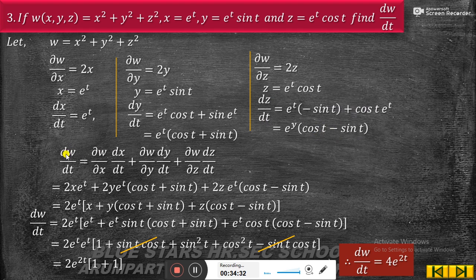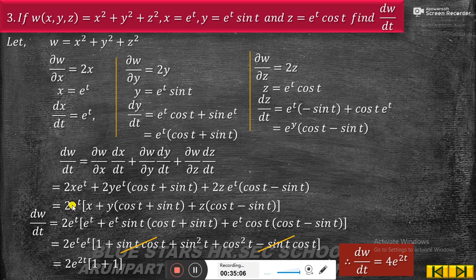Now dw/dt equals ∂w/∂x into dx/dt plus ∂w/∂y into dy/dt plus ∂w/∂z into dz/dt. The next step, I substitute. ∂w/∂x means 2x, into dx/dt which is e^t, plus ∂w/∂y, 2y, into dy/dt, I substitute e^t (cos t + sin t), plus ∂w/∂z, 2z, into dz/dt which is e^t (cos t − sin t).